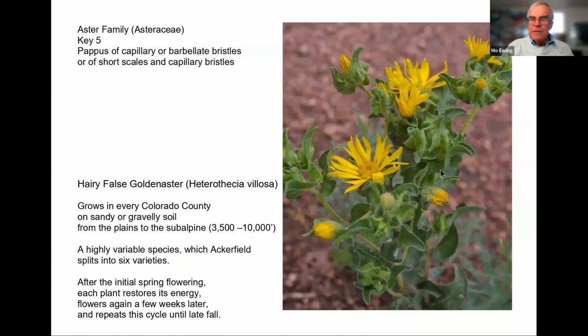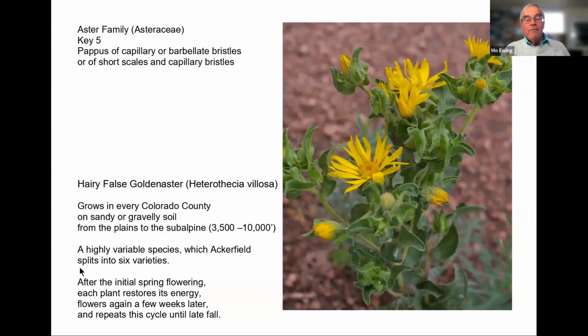No, key 5. Hairy false golden aster, Heterotheca villosa. This plant grows in every Colorado county on sandy and gravelly soil from the plains to the subalpine. Another big range guy here.